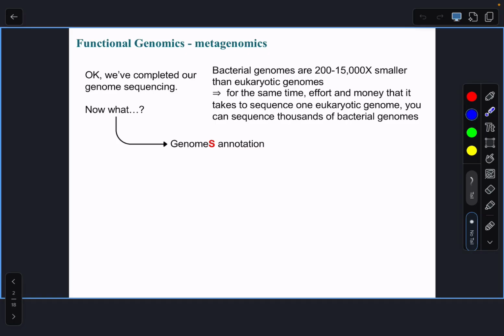And that's something we call metagenomics. So the name implies that we're going beyond the genomics of one genome. We're looking at several genomes simultaneously, right? So this obviously applies mostly to microbiology, where the prokaryotic and viral genomes are going to be way smaller than eukaryotic ones.